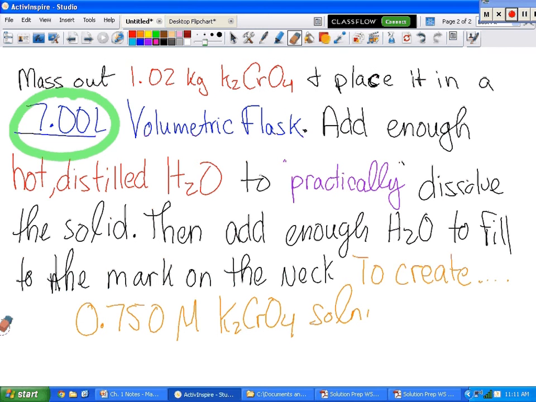Yeah. And we are going to try to do a solution dilution lab for sure. No, they will. It will be just like it read. It's implied math.